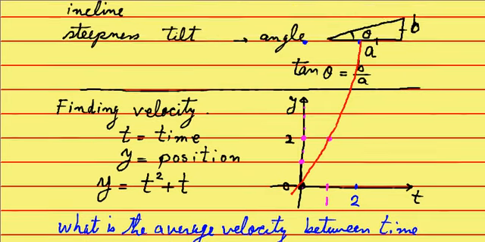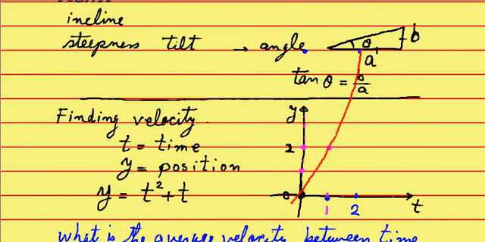Let's go back to this picture to see what happened. At t equal to 1, the object was at position 2. At t equal to 2, the object is here, let's say 1 second and 2 seconds, and 2 feet and 6 feet.